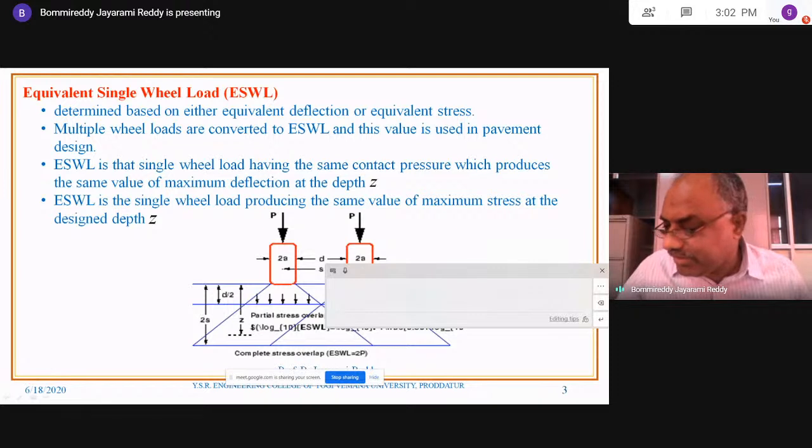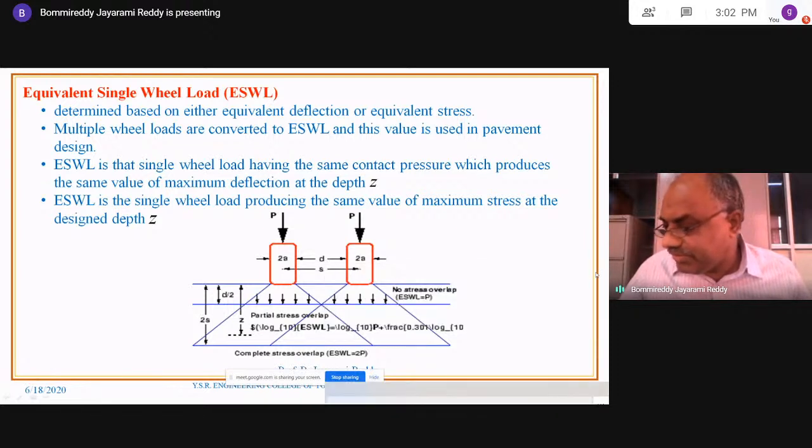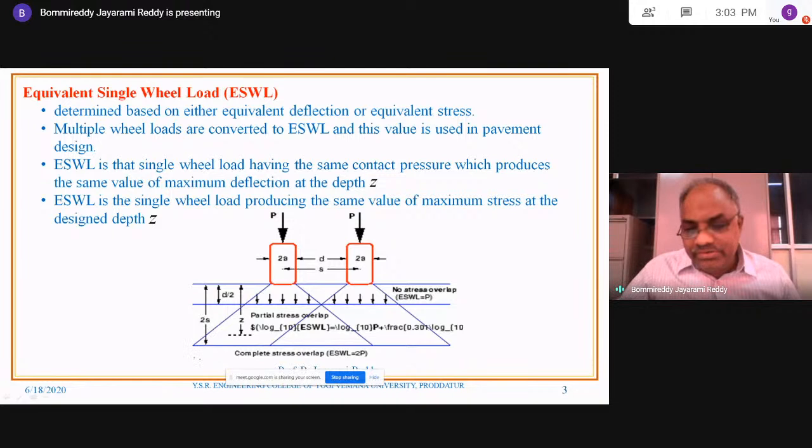So the equivalent single wheel load is nothing but only P. Up to the depth of d/2, the equivalent single wheel load is P only. And when the depth is beyond 2s, at this level you can see this distribution line is crossing the edge of the other one, so that below it complete overlapping takes place.